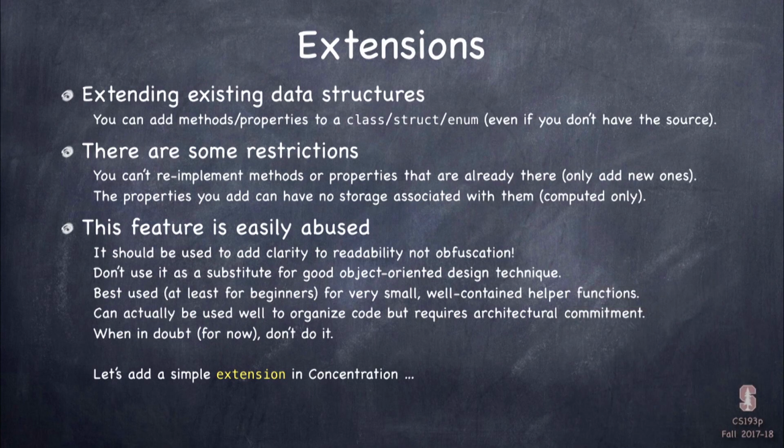So this feature, as you might imagine, is easily abused. And one of the number one ways it gets abused, and I encourage you not to abuse it this way, is you do not want to add a var or a func to a class that doesn't make sense for that class. Okay? It's a real temptation, for example, for an int or a string, to add a function that has to do with concentration.